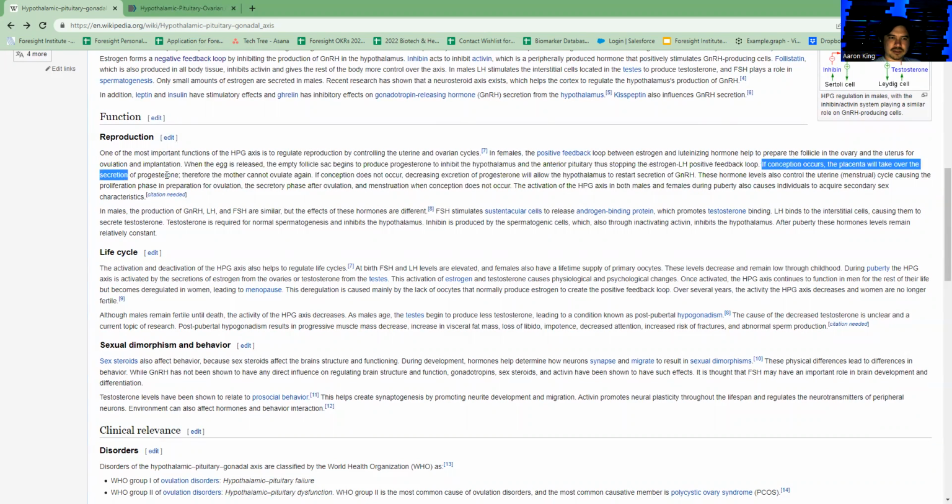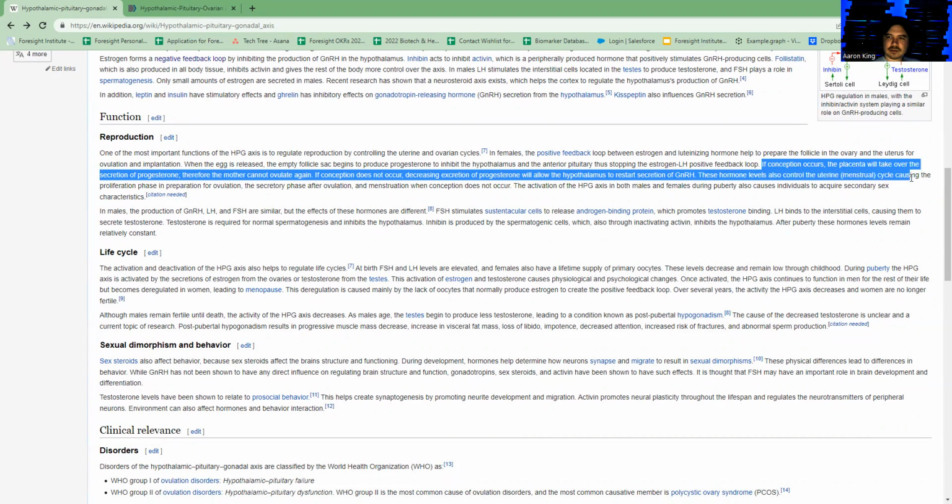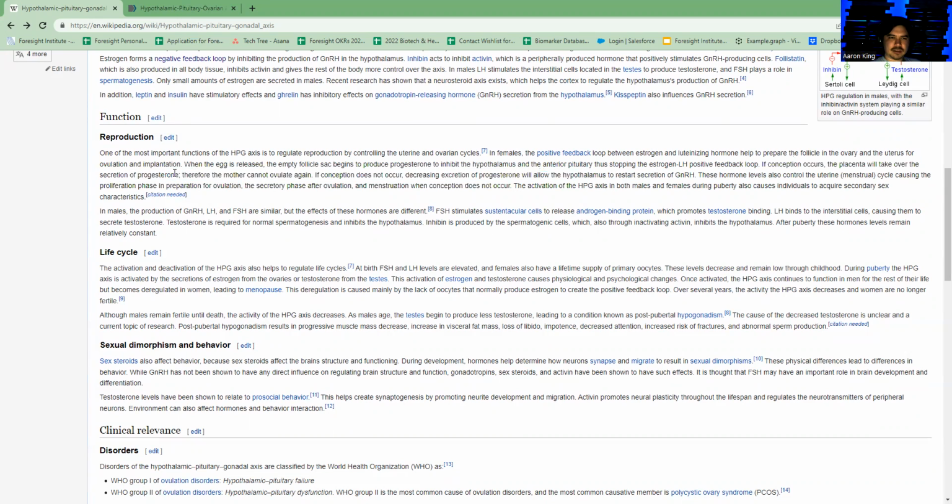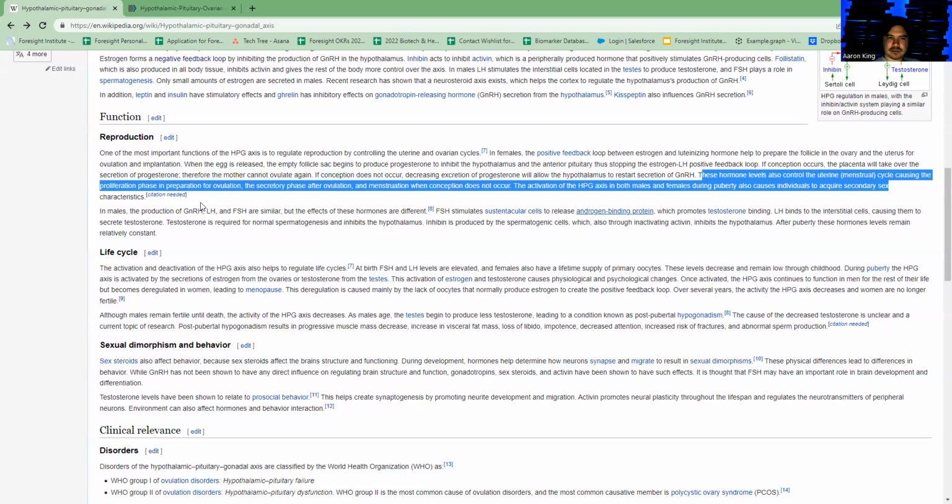The placenta will take over the secretion of progesterone. Levels also control the uterine lining. So I guess as long as you have some amount of it, I've heard about that. Also controls uterine lining proliferation.